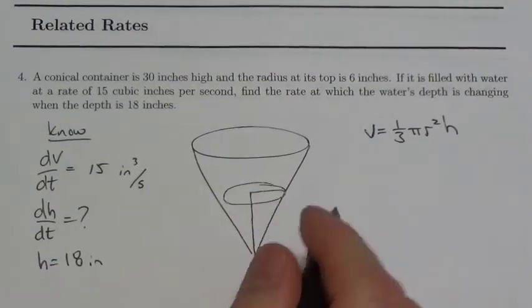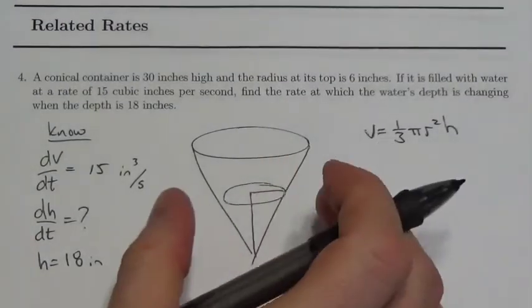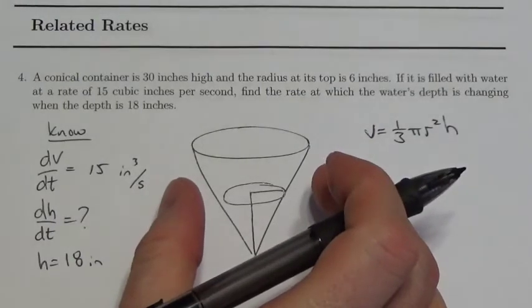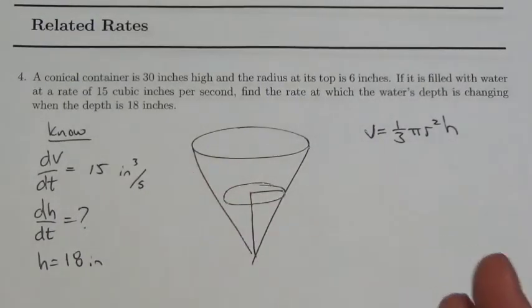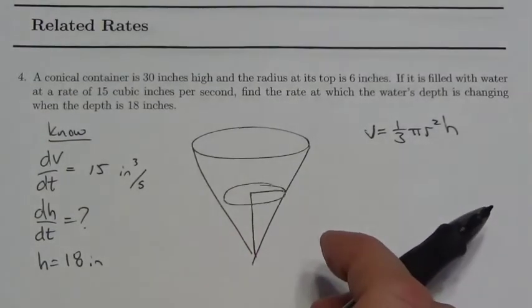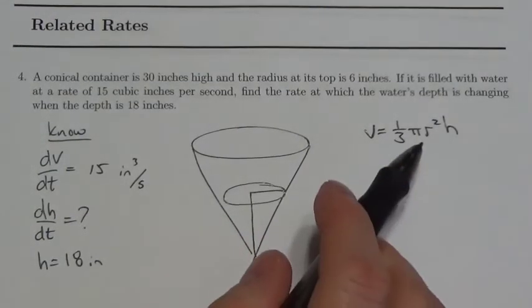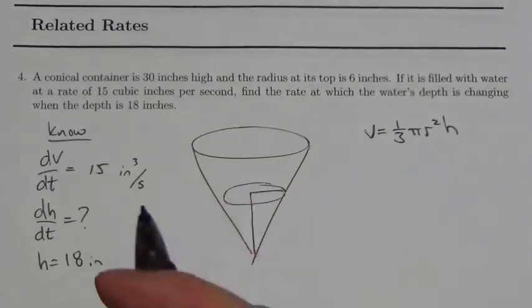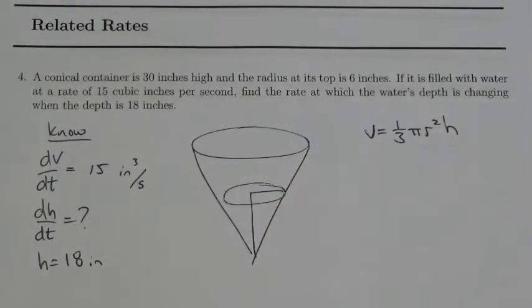Now, as I pour water in, the height changes. Does the radius change? Well, yeah, it does. The radius is also a variable in this scenario, so I can't just get rid of the radius. I am stuck with this radius in this problem because it is a variable.